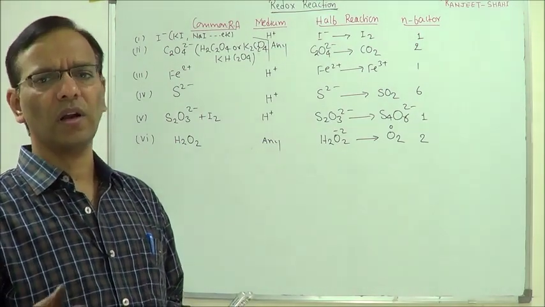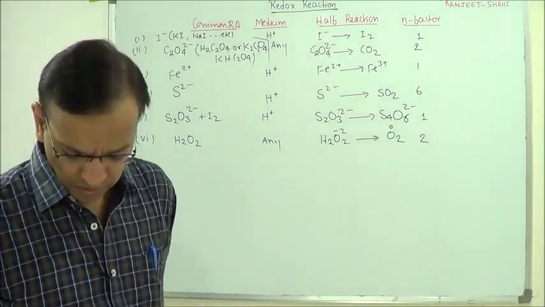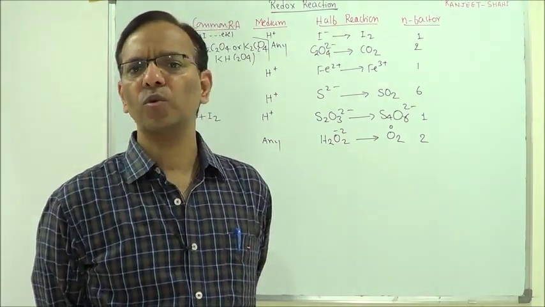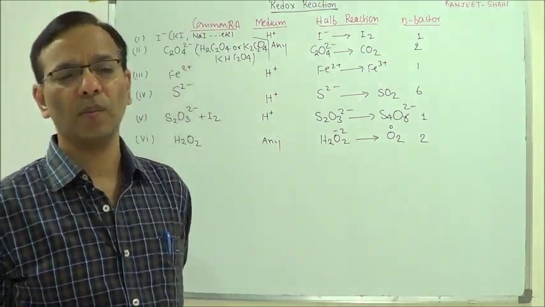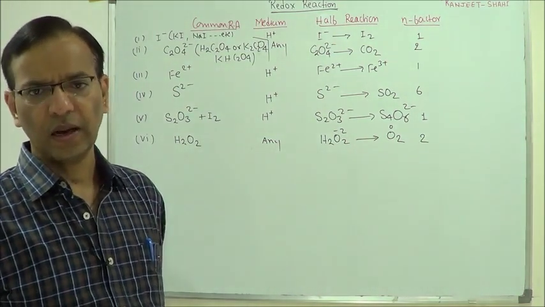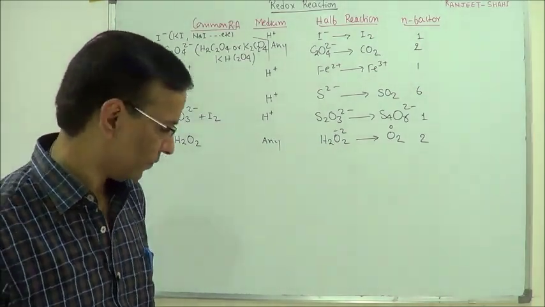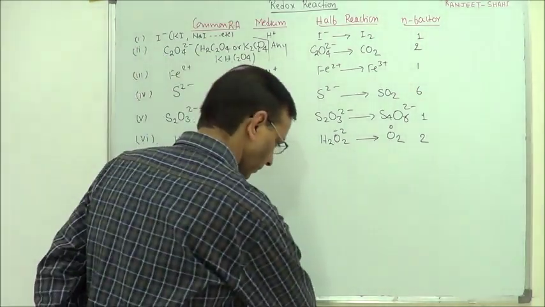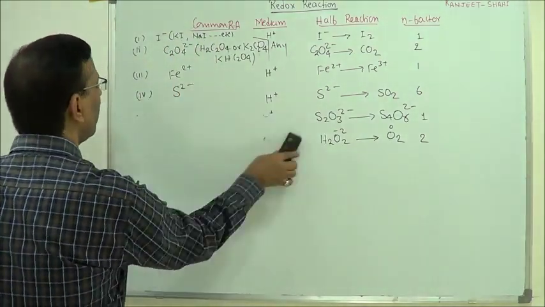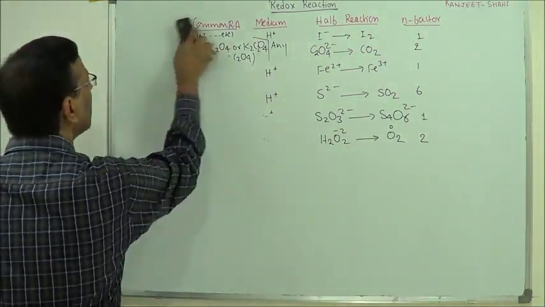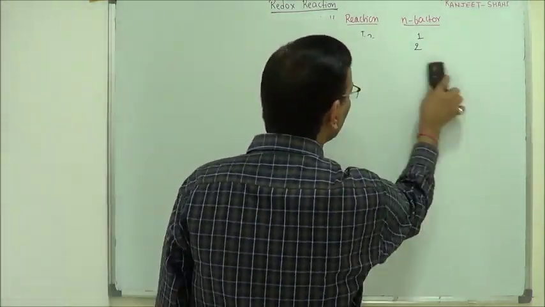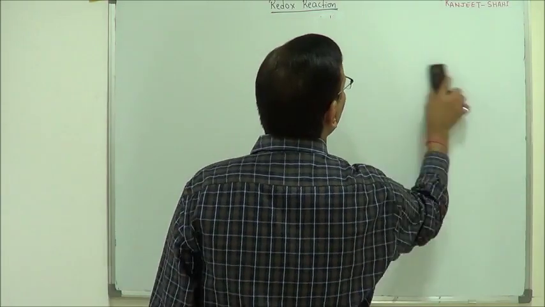It can also be used in neutralization titration, but redox reaction uses normality the most in order to make the calculation simple. So the next step towards stoichiometry of redox reaction we are going to talk about is normality.